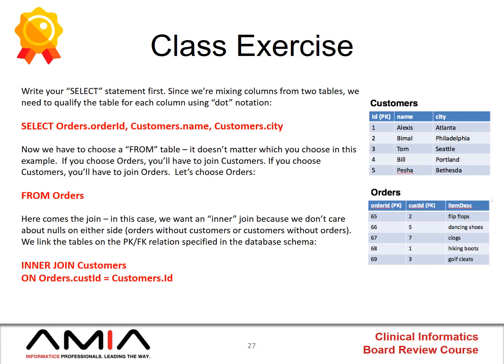In this case, the problem didn't say anything about showing nulls, so we're fine doing an inner join. So I've got select orders.orderID, customers.name, customers.city from orders inner join customers, and now I have to specify their foreign key primary key relation on orders.customerID equals customers.id. So far, so good.